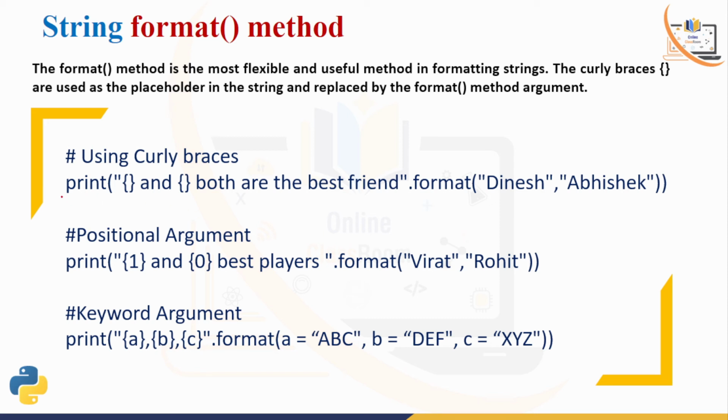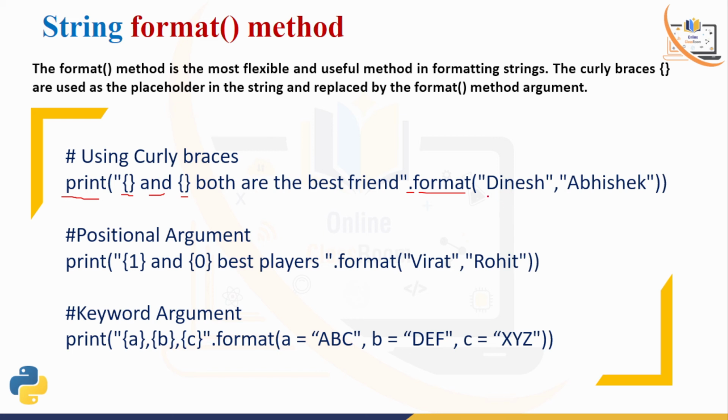If you look at this line carefully, here is the print, there is an opening and closing bracket. Inside is a simple string, and after that there is an opening and closing bracket, separated with a dot operator, and format is a predefined function in Python.